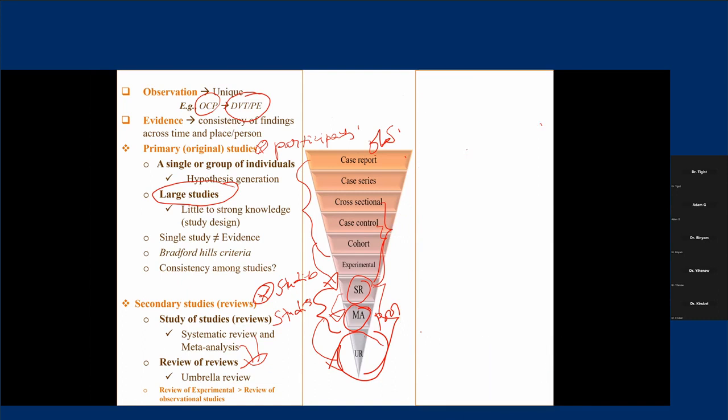So this is the journey that a single observation goes through, different phases, to become evidence. So what's the role of clinicians in this? What do you think is your role in this evidence generation process? I think most of you are clinicians.